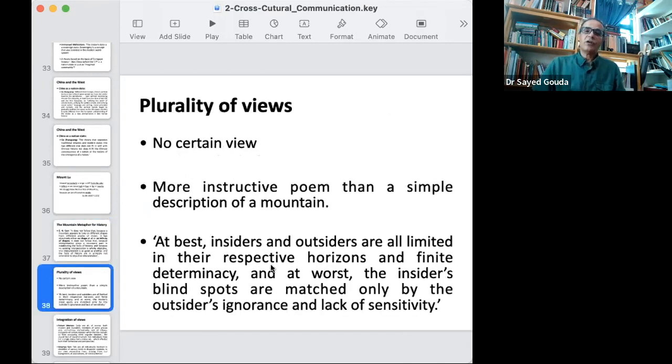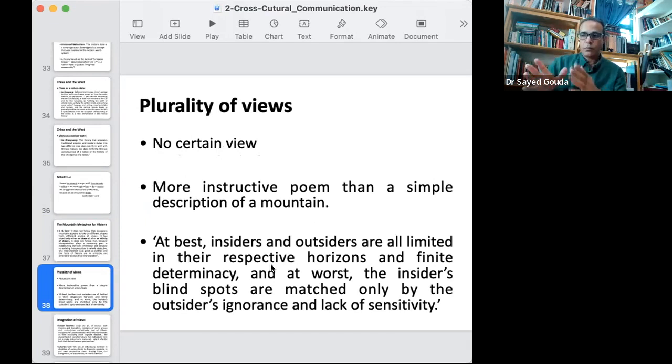What Zhang Longxi offers here, the right way to do comparison, the right way to study history, to study any phenomenon if you want to put it in a larger scope, is to adopt a plurality of views.